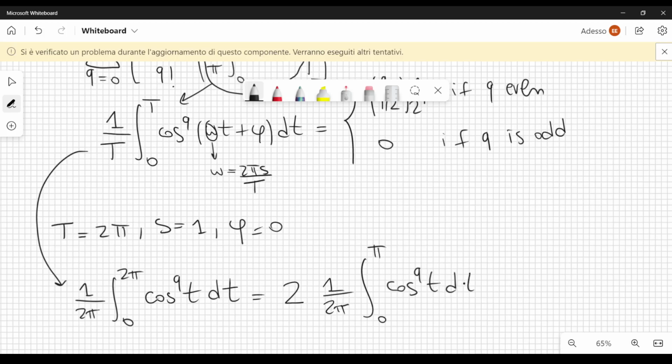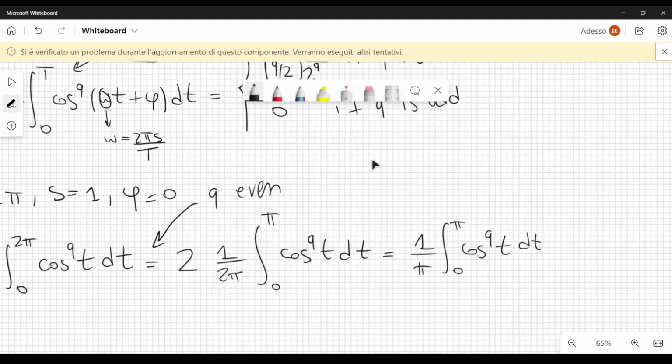So I can write also this equality: this is 1 over pi, integral from 0 to pi, cosine to the power q of t dt, where I'm considering q even in this case.